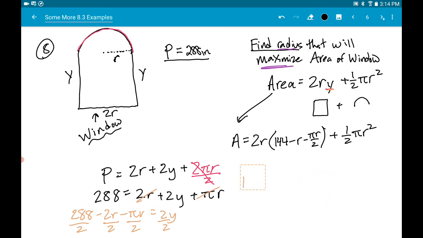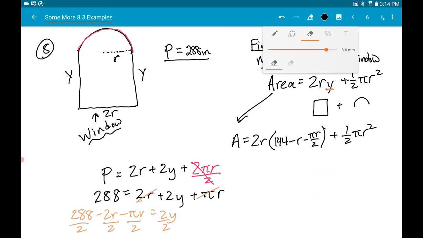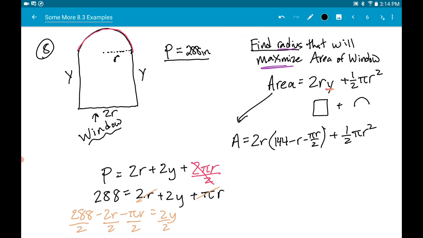And you're just going to have to use the power rule. But for me, I usually distribute the stuff first, just to make sure that, for instance, I'm going to have 288r minus 2r squared minus pi r squared, because the 2's cancel, plus 1/2 pi r squared. And I'm ready to bust out the derivative.